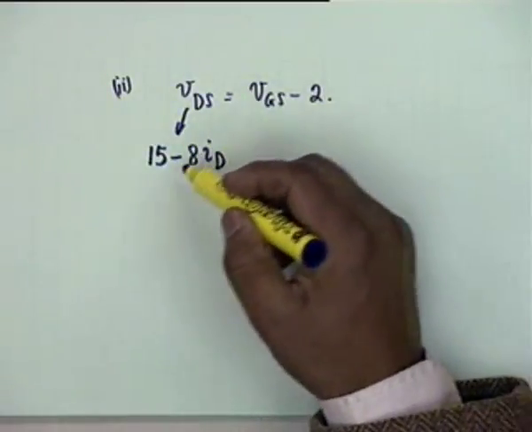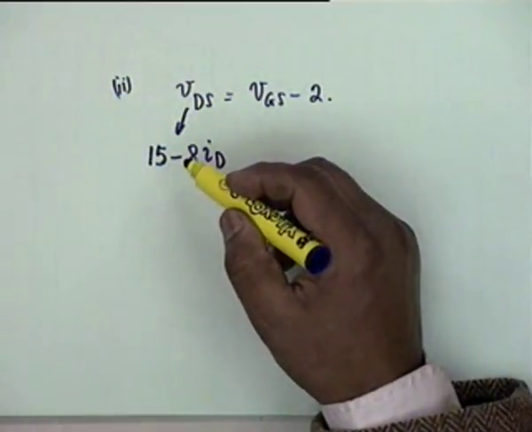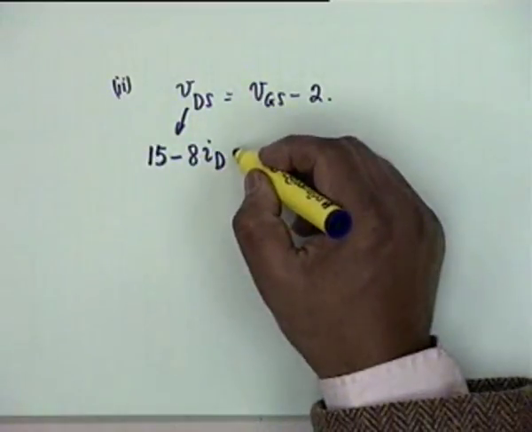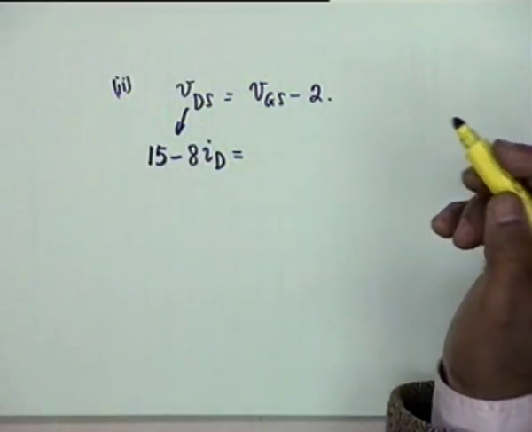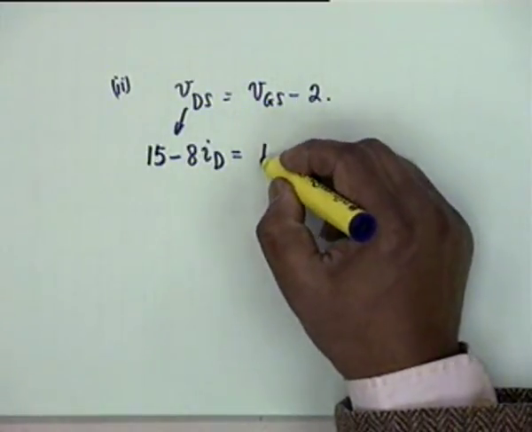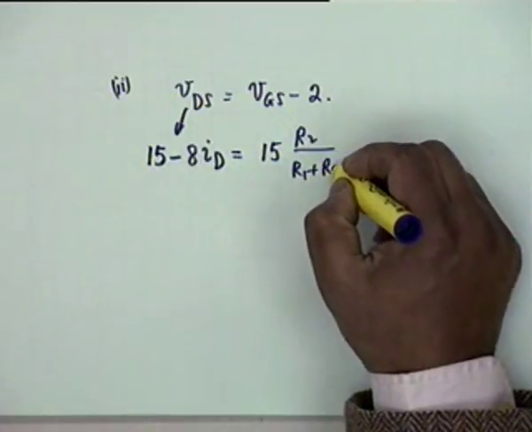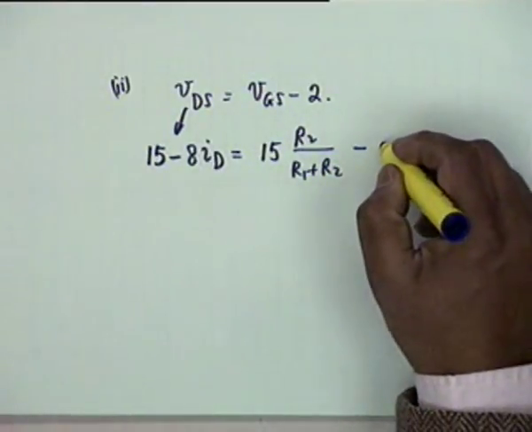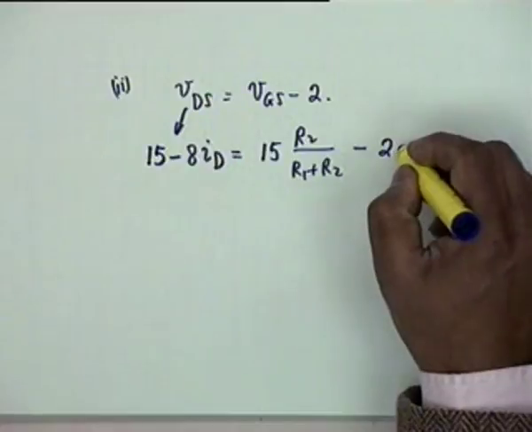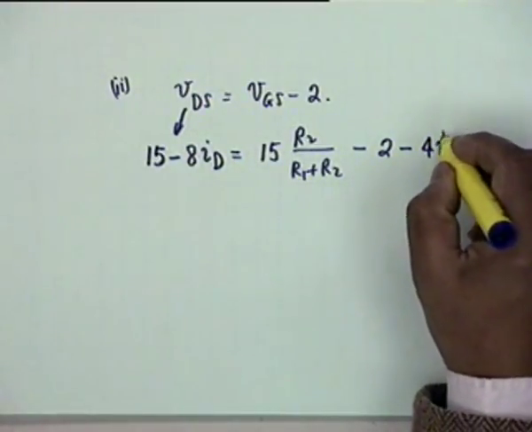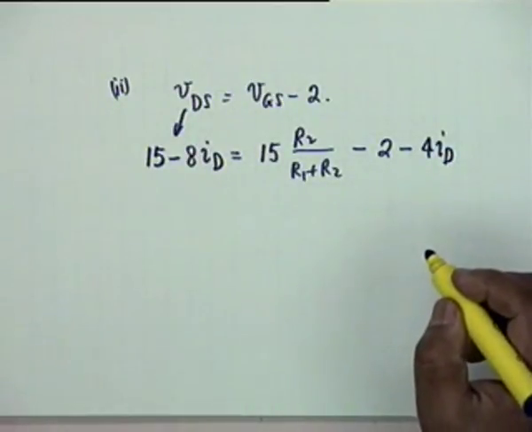VDS is equal to 15 volt, VDD, minus 4K, and the current is ID. This should be equal to, what is VGS now? 15 R2 by R1 plus R2 minus 2 minus 4 ID. Minus 4 ID. That's right.